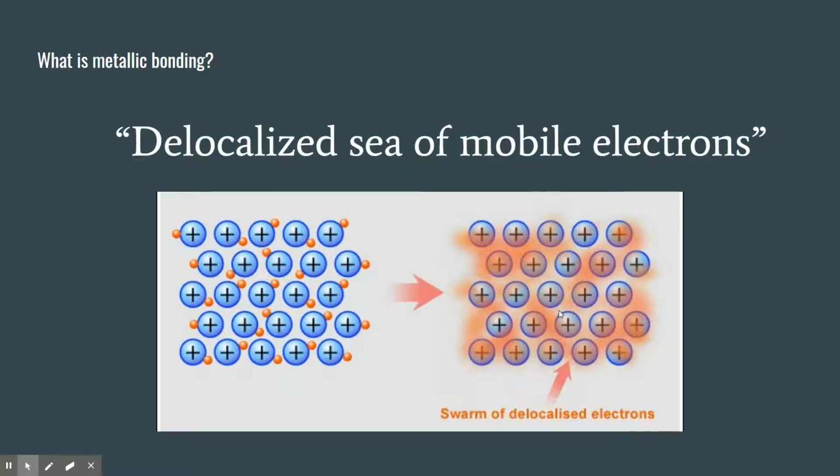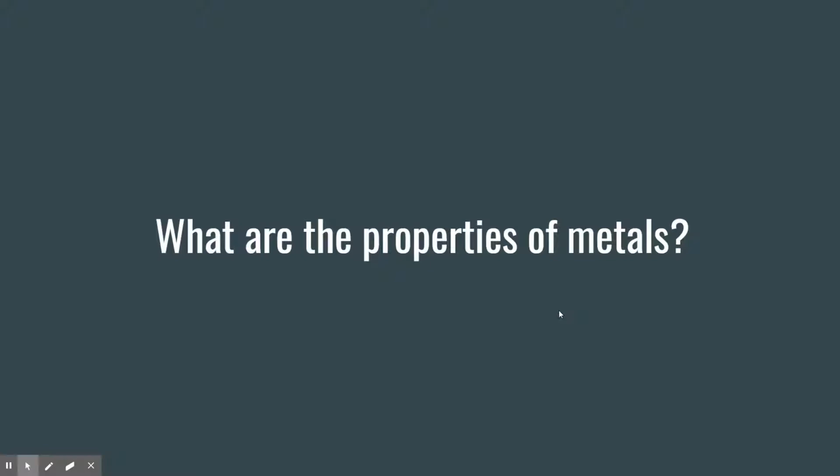We kind of have this picture of electrons flowing from one atom to another atom. And so this is metallic bonding. It's a delocalized sea of mobile electrons, and because those electrons are all negatively charged, they hold all the positive cations in place.